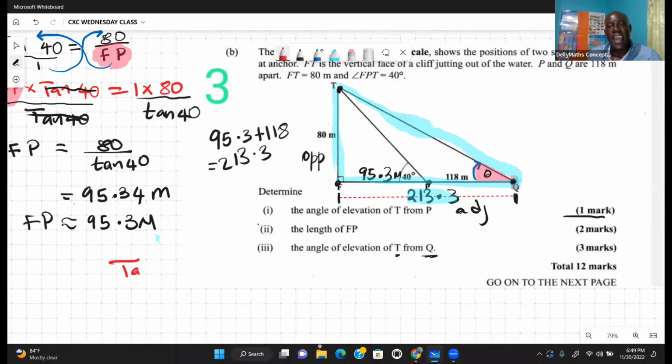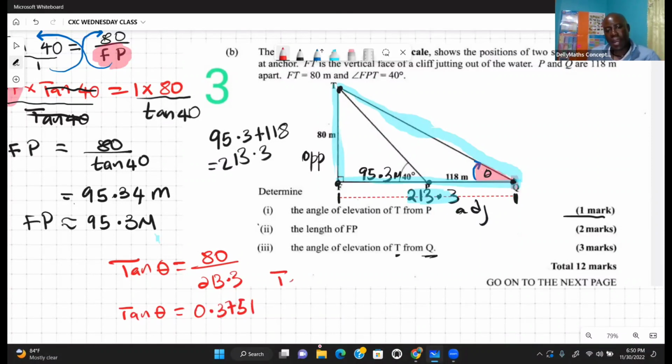Tangent of the angle they want is 80, which is the opposite, over the adjacent, which is 230.3. Let's work out a decimal value for that. 0.3751. So now to get that angle, same procedure, inverse, second function, and touch tangent.